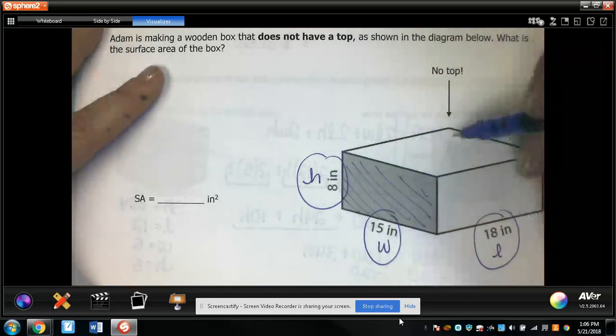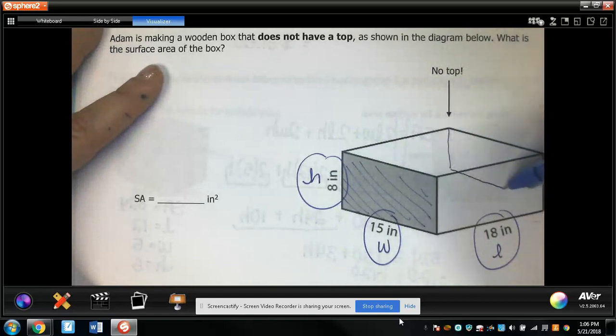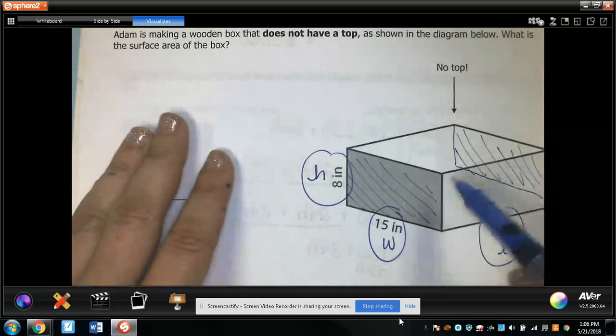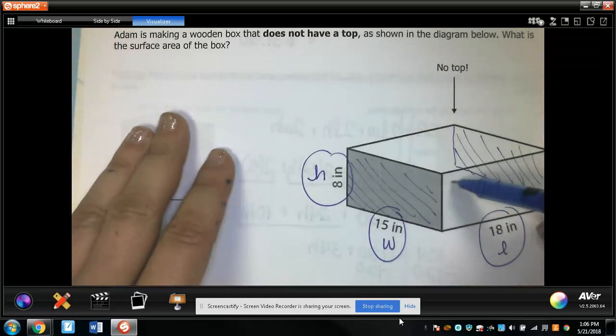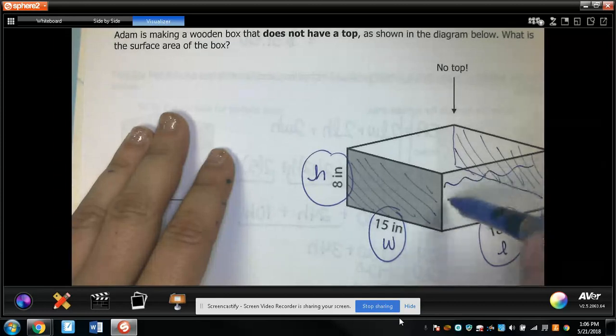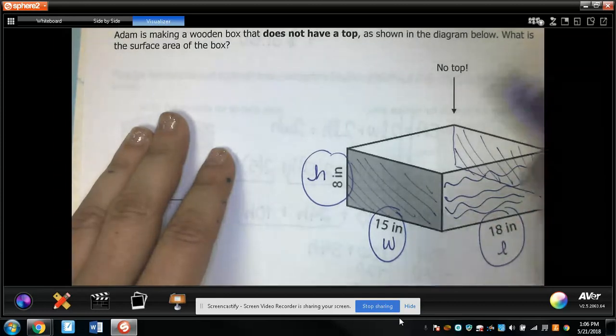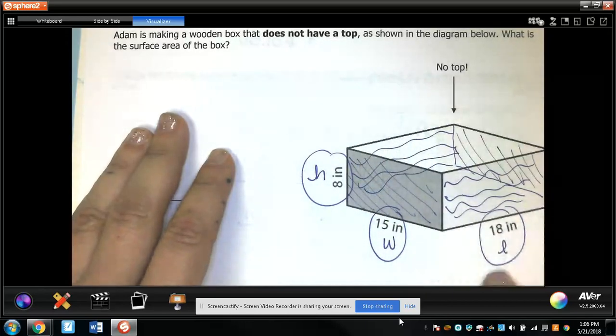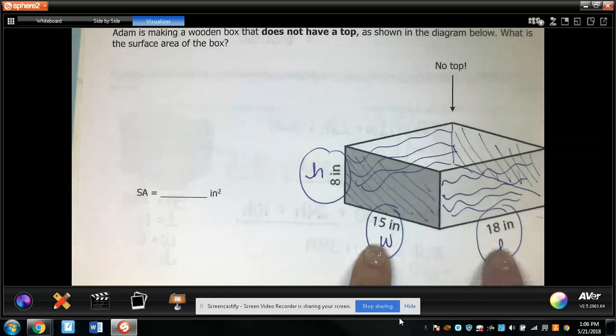This side, there is going to be 2 of. So I'm going to have 2 width times height. This side is length times height, and there's going to be 2 of these. So there's not going to be 2 of length times width.